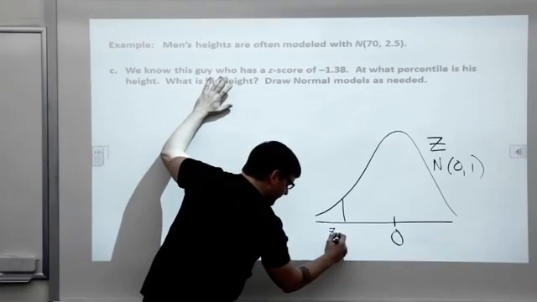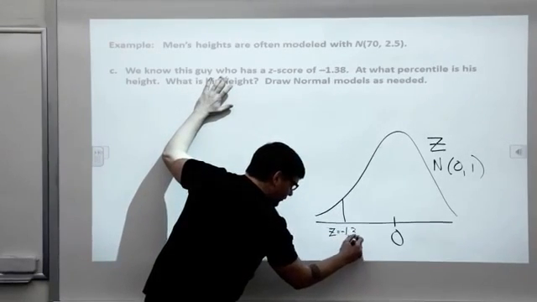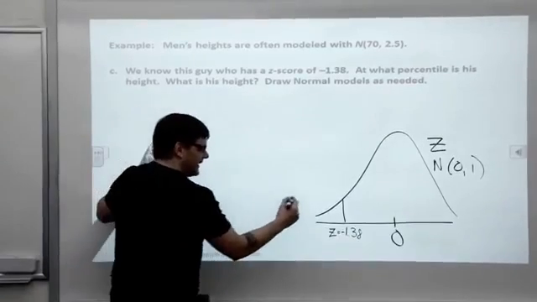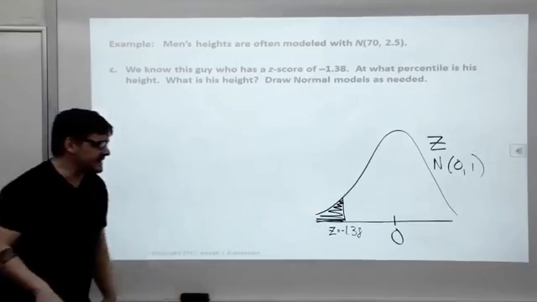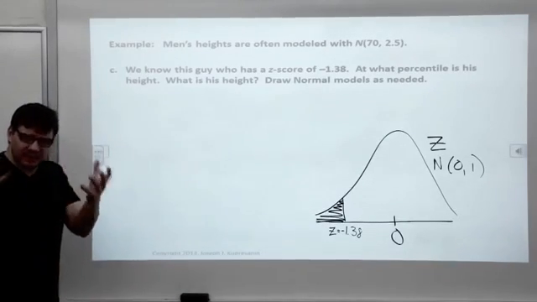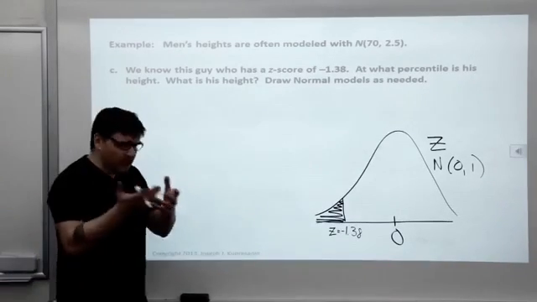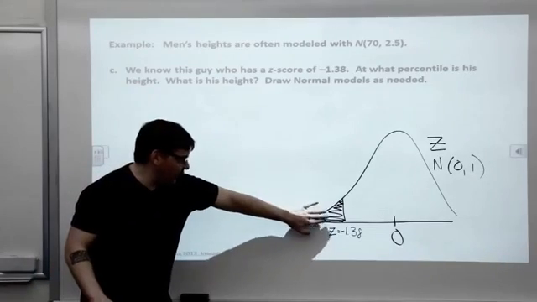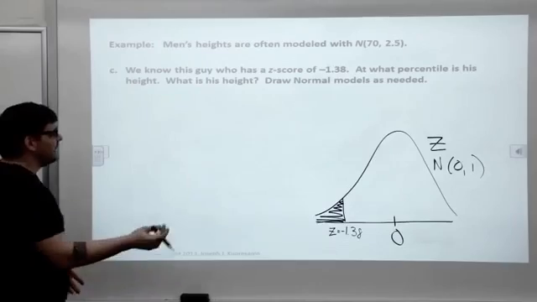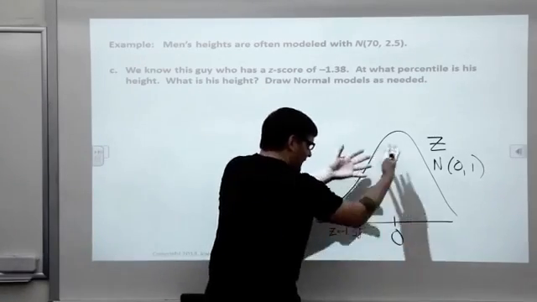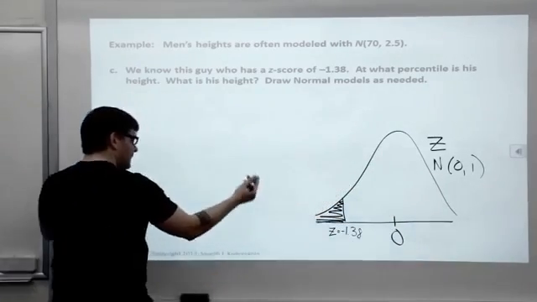If I could find this shaded area, whatever that is as a decimal is going to correspond to his percentile. I don't know what the answer is at this point, but if this was 0.10, that would correspond to the 10th percentile. Whatever this area is above, we know would have to add up to 1.